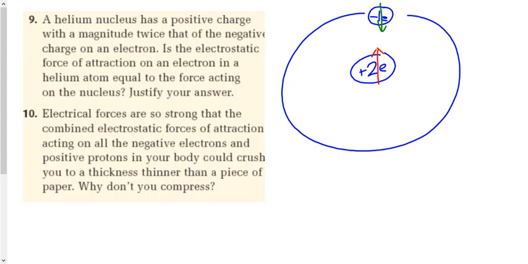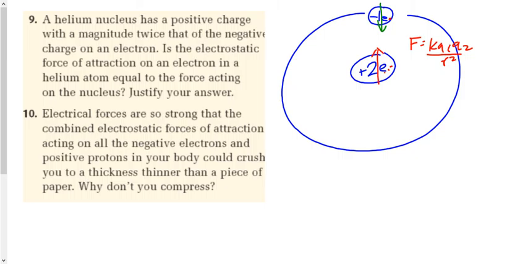If I calculate the force between those two, it's kQ1Q2 over r squared, right? That force is that force. It's the same force acting on the nucleus as it is acting on the electron. If object A applies a force on object B, B always applies an equal and opposite force on object A. They're going to be equal, right?